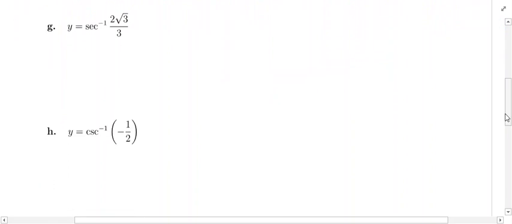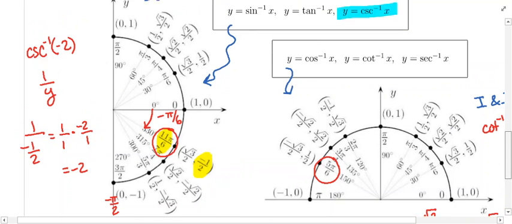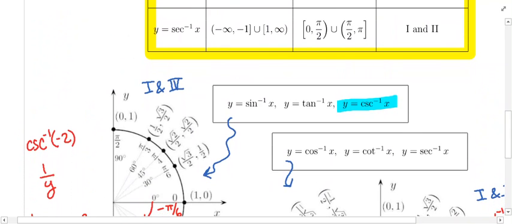Part G. We want the secant inverse of 2 square root of 3 over 3. Since we're dealing with secant inverse, we need to again get the domain and the range. Back to page 7. Secant inverse has the same domain as cosecant inverse, and the range is a little different.